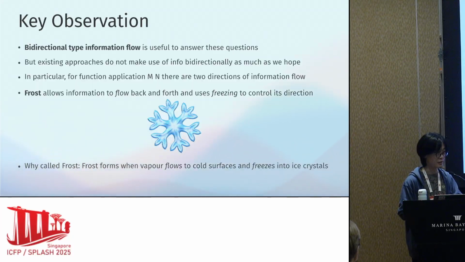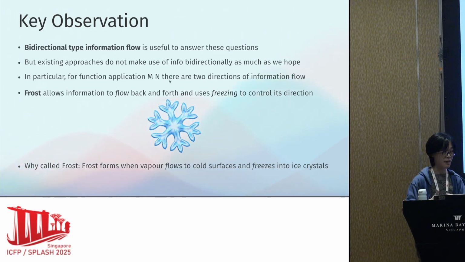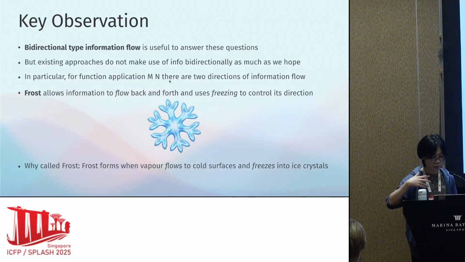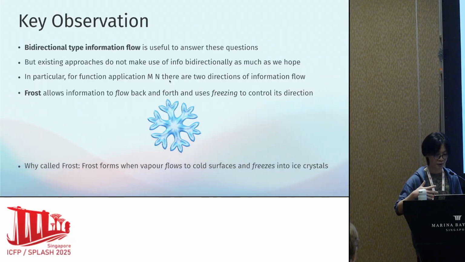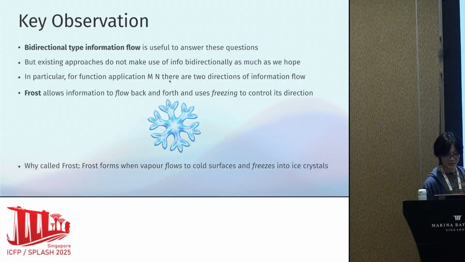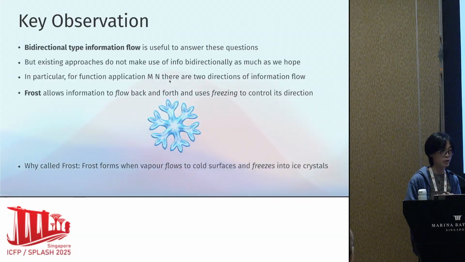In particular, let's consider a function application M N. There are two different directions of flow, from M to N or from N to M. What we want to do is make use of both of these directions. So we propose Frost, which allows the information to flow back and forth between functions and arguments.